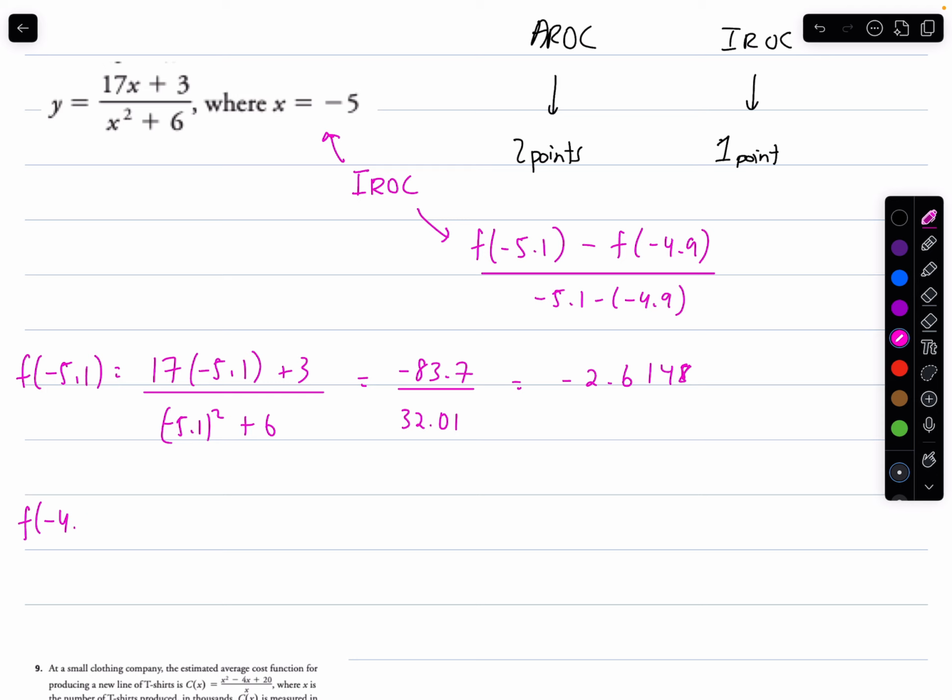So let's look at the next one, f at negative 4.9. So f at negative 4.9 is going to be 17 times negative 4.9 plus 3 over negative 4.9 squared plus 6. So what does that give us? Negative 4.9 times 17 plus 3, you get negative 80.3.